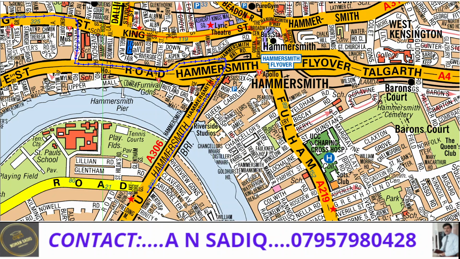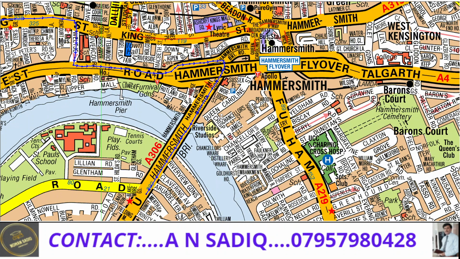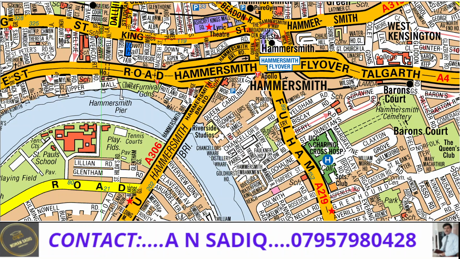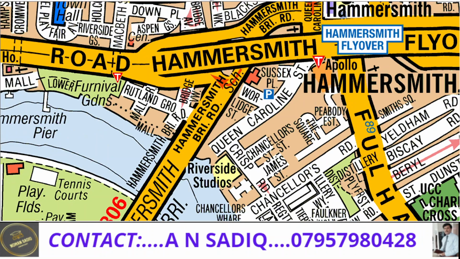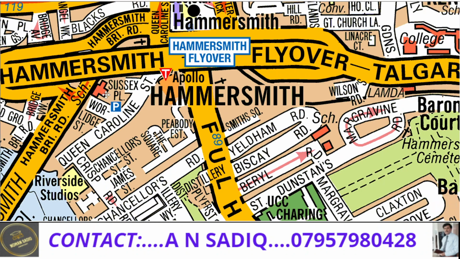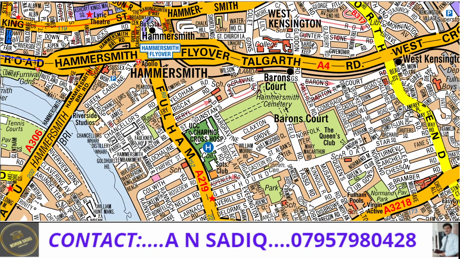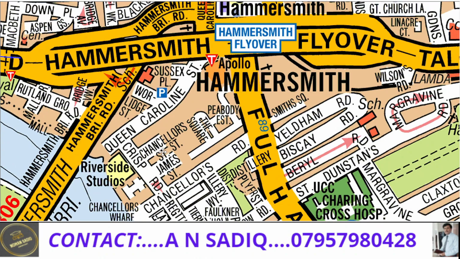Also, there is one very important point to note. Now I am simply deleting these routes first, and then I will tell you that if you are coming from here and you are interested to reach this A4 road, how can you do that?